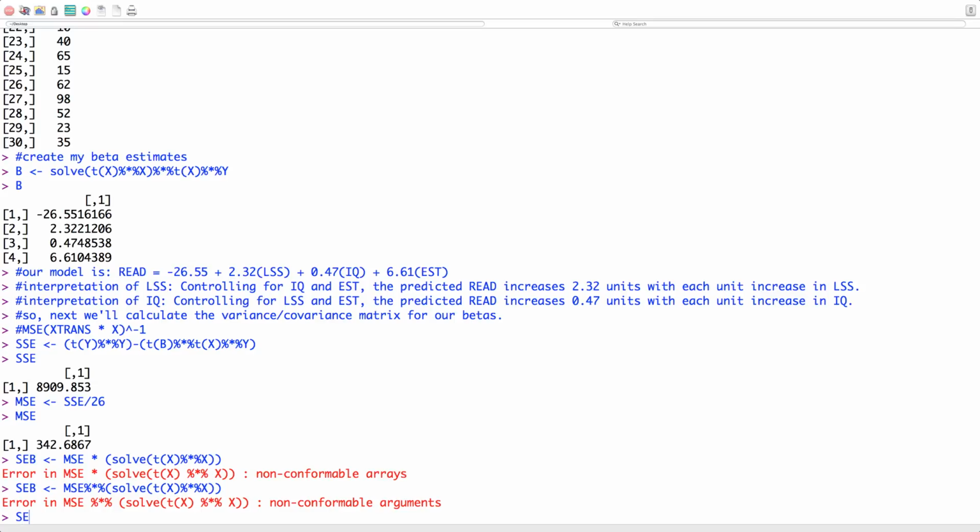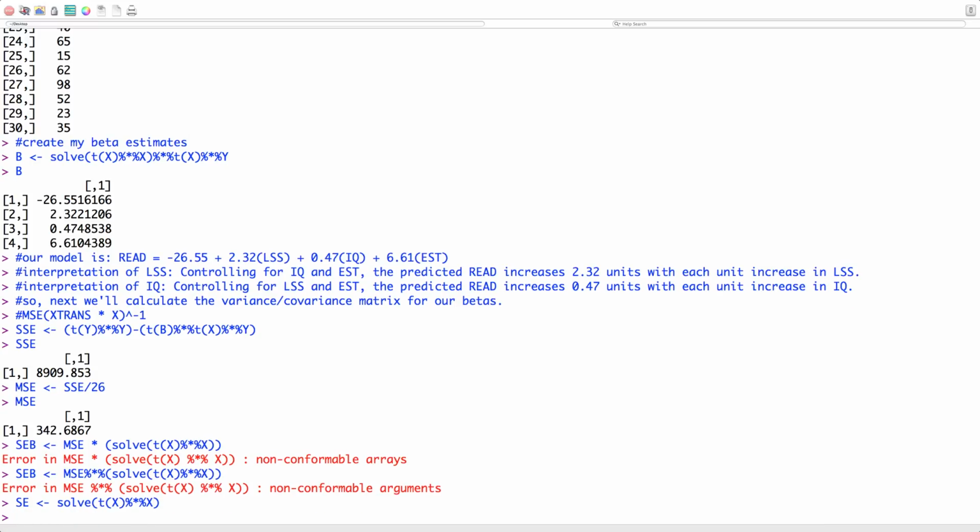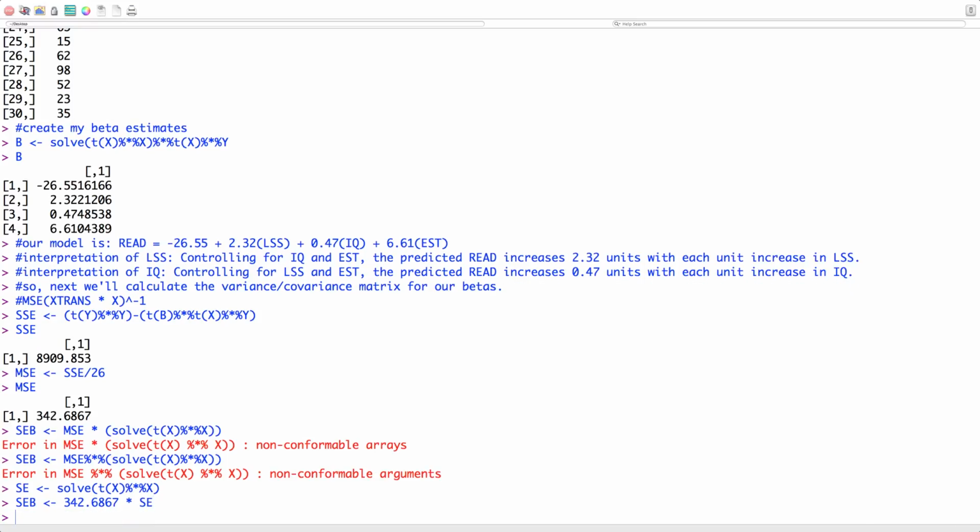I think what we're going to have to do is set it up this way. First thing I'll have to do is look at this, and then I'll have to take my standard error for the betas, and take the value 342.67 and multiply it by my standard error.